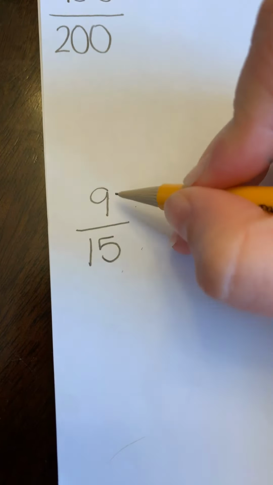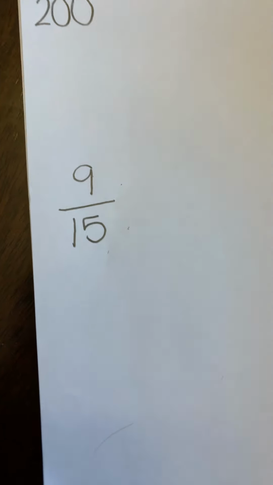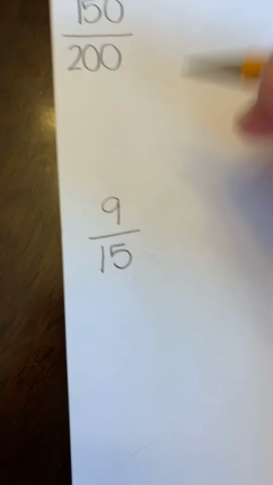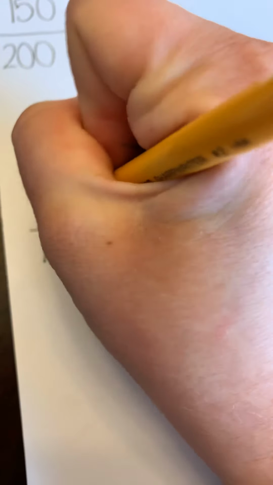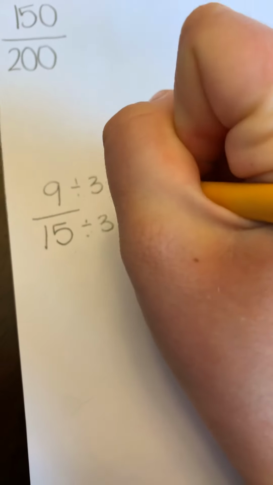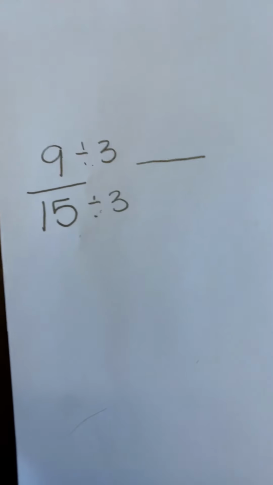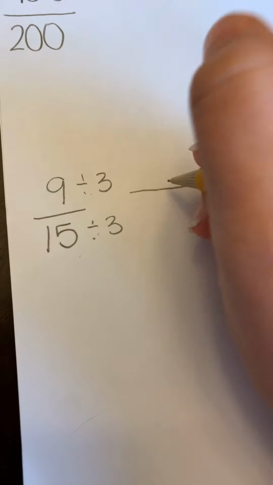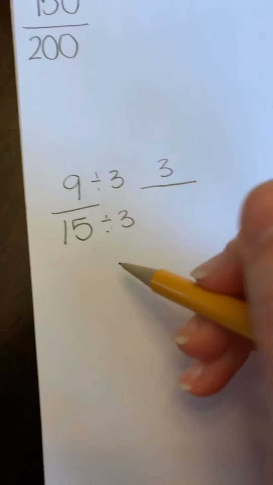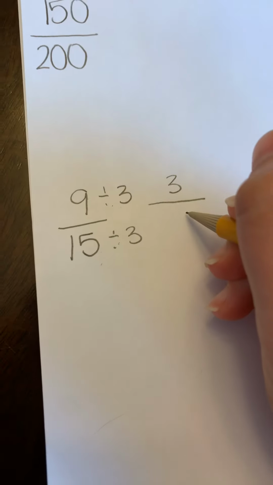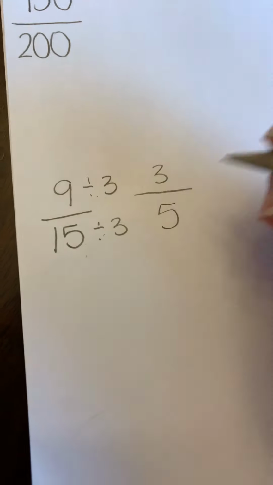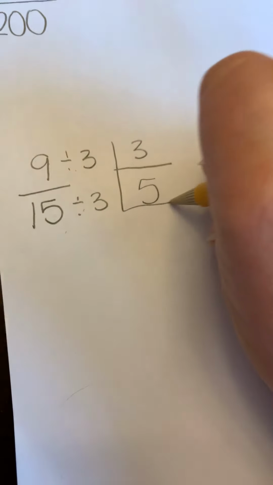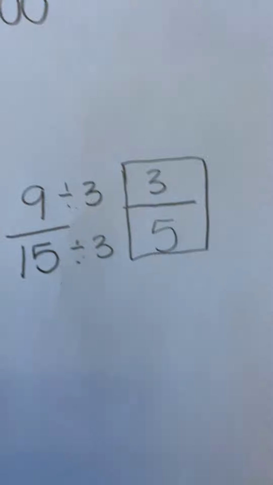Neither of these numbers are even, so I can't divide them by 2. But I can divide them by 3. If I divided the top and the bottom by 3, I would get 9 divided by 3 is 3, and 15 divided by 3 is 5. 3/5, just like I did in my calculator.